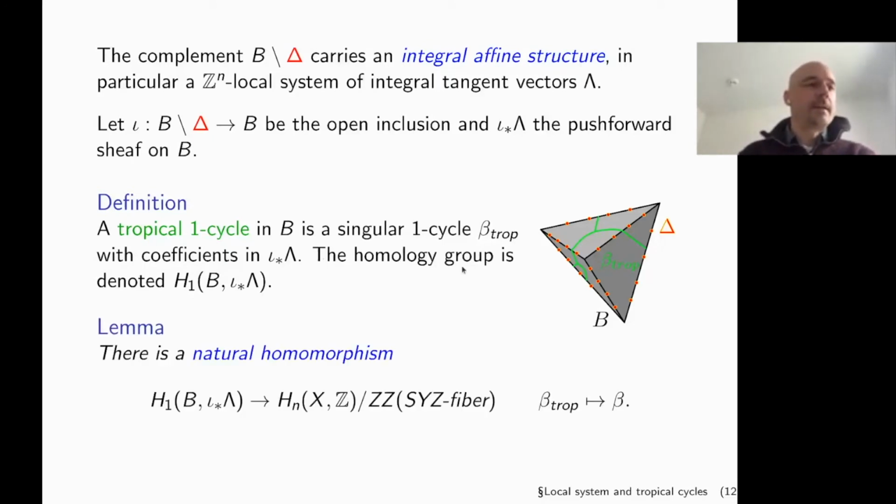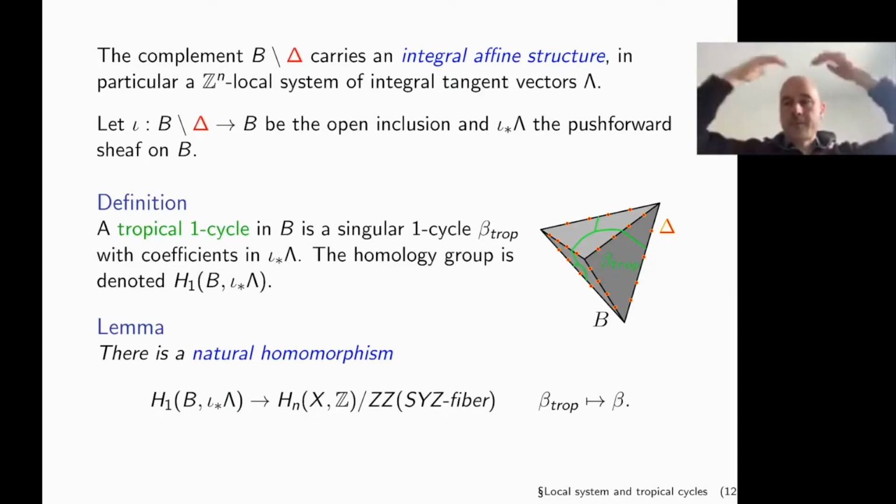There's now a natural homomorphism from this homology group of 1-cycles into the ordinary middle-dimensional homology of the nearby fiber. So remember, the smooth manifold maps to this base.